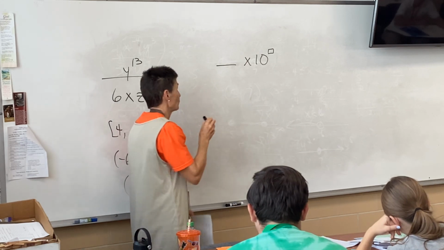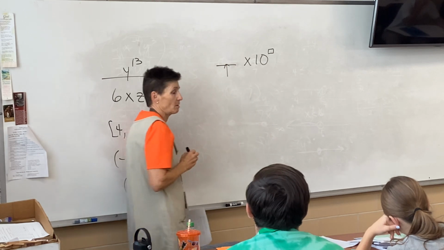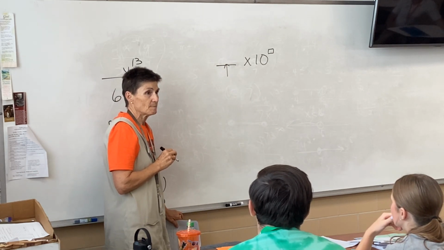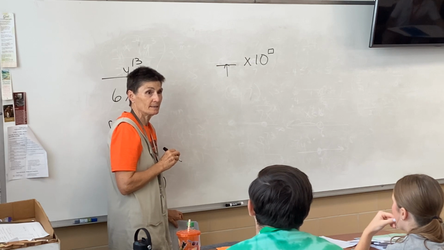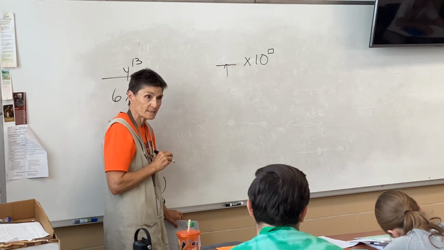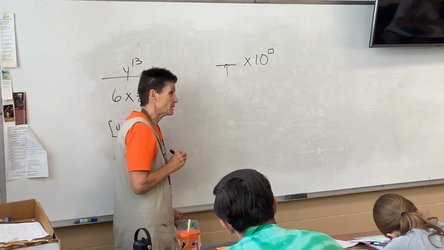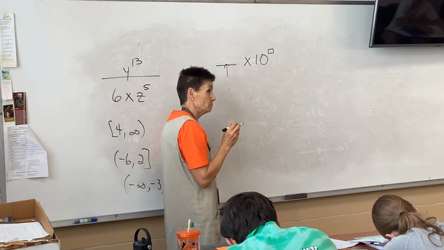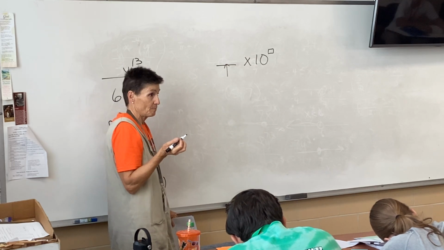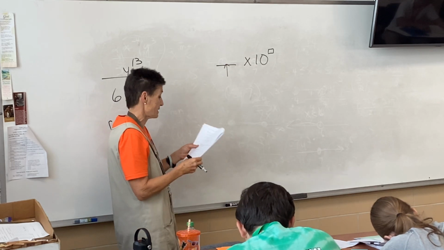One really important rule: tell me about this number. It has to be between 1 and 10. So it can be something like 5.2, but it can't be 23.8.